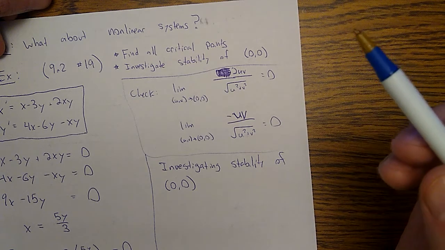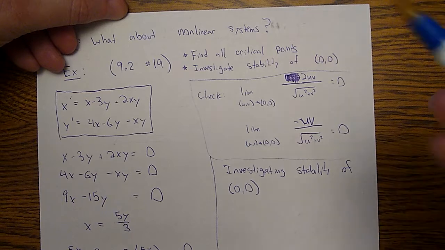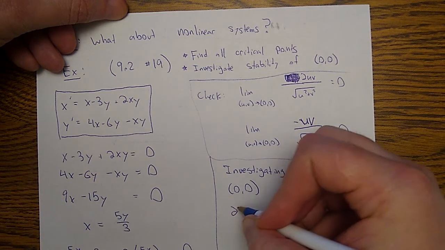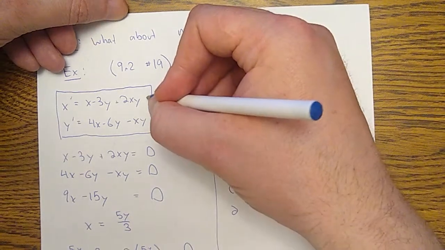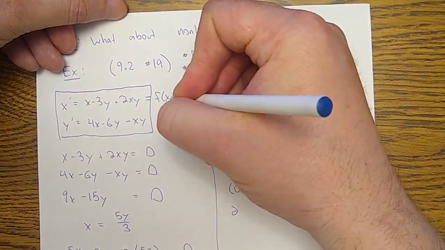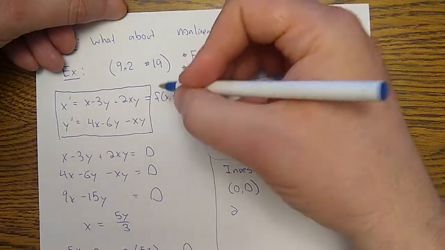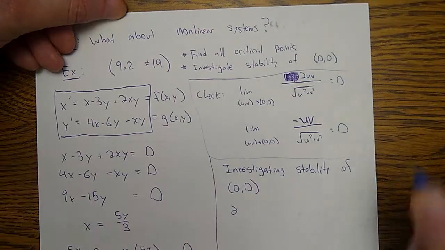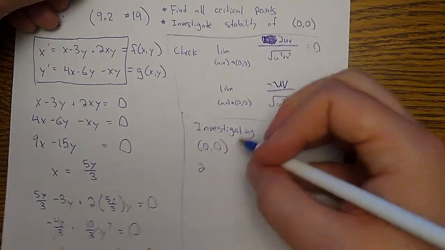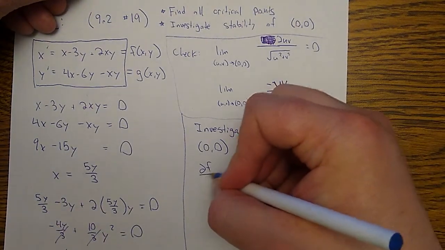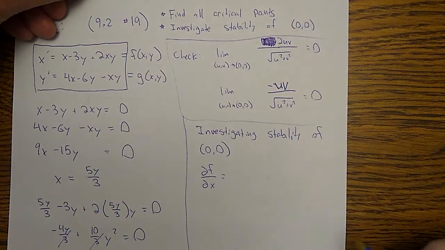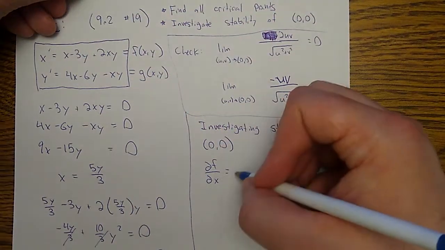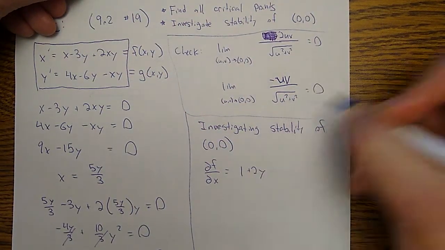Sorry, I'm fumbling with my words here. If I call this function f of x, y and this g of x, y, I take some partial derivatives. The partial of f with respect to x would be 1 plus 2y.